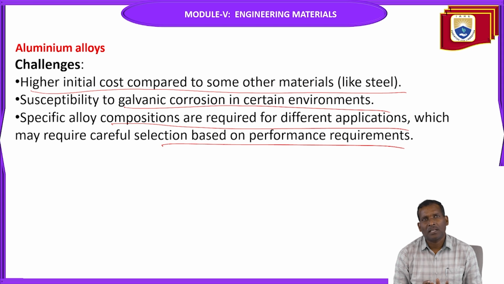So these are the challenges of aluminum alloy material. When compared to other materials like steel, the initial cost is very high. That is the more challenging one. Susceptibility to galvanic corrosion in certain environments is also a very important challenge. And different compositions are required for different applications, which may require careful selection based on performance requirements.